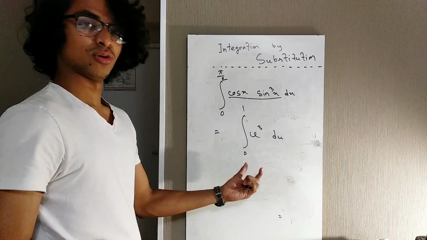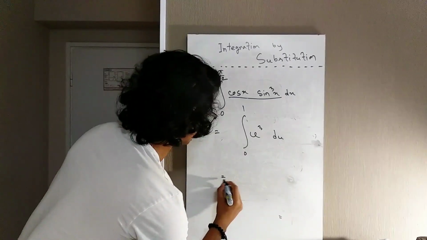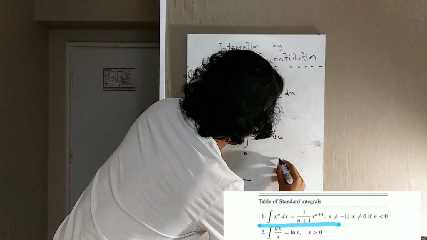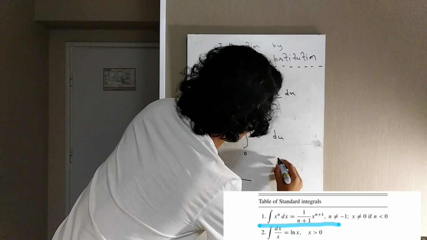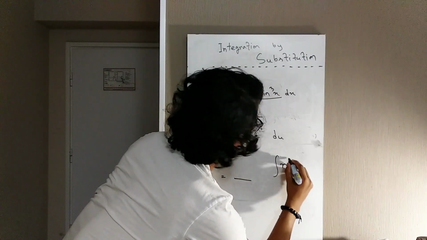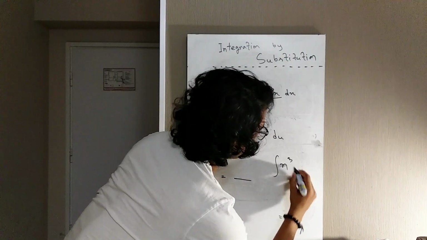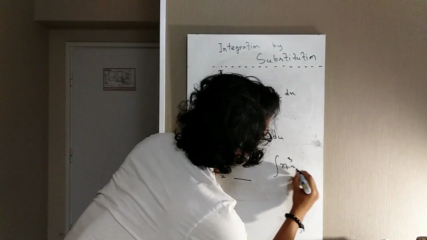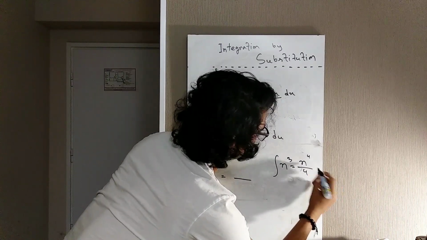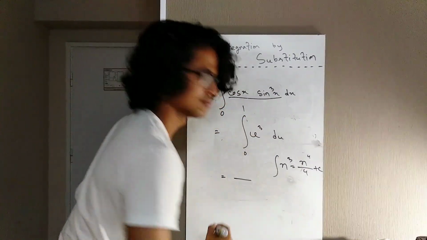And what is the integration of u cube? Well, we know there is a standard form of integral that we know by heart: if we have n cube, the integral equals n power 4 by 4 plus c, right?